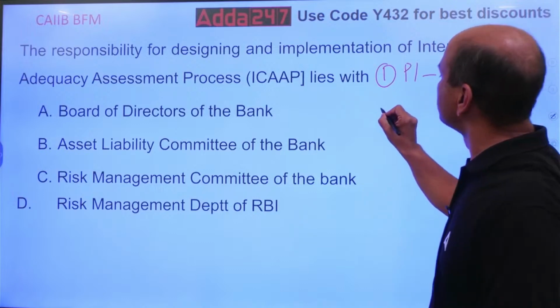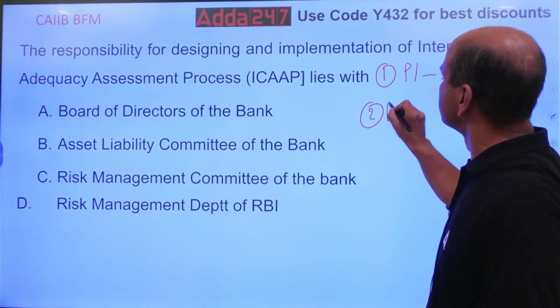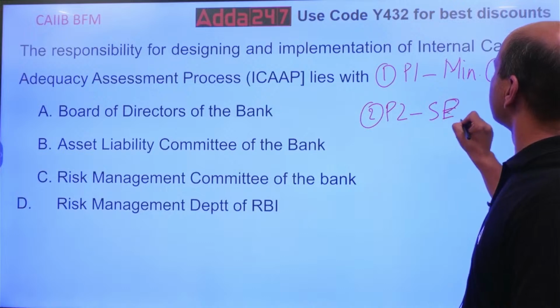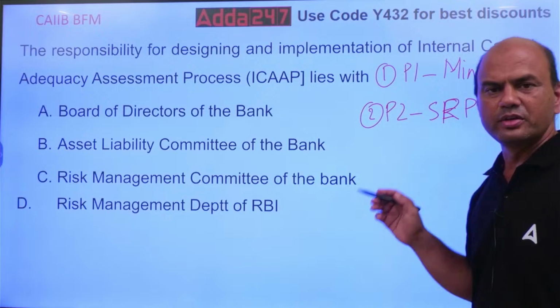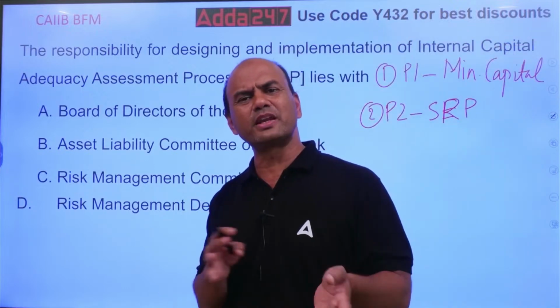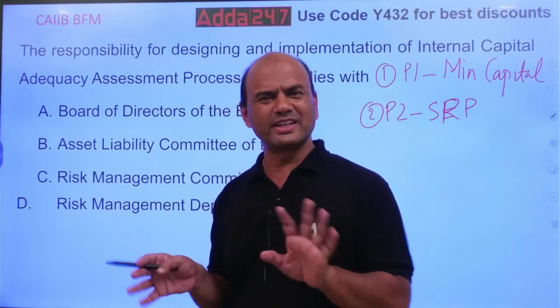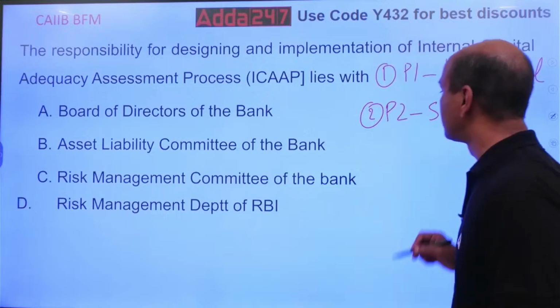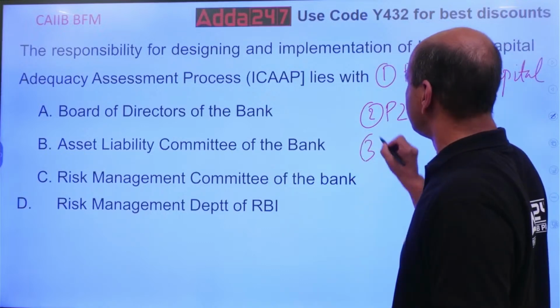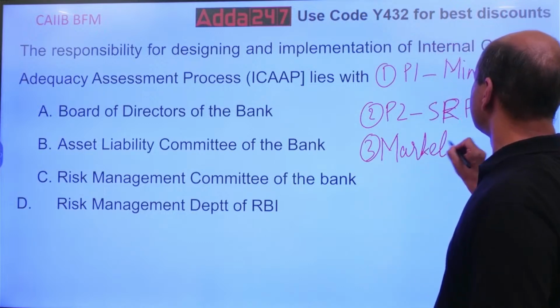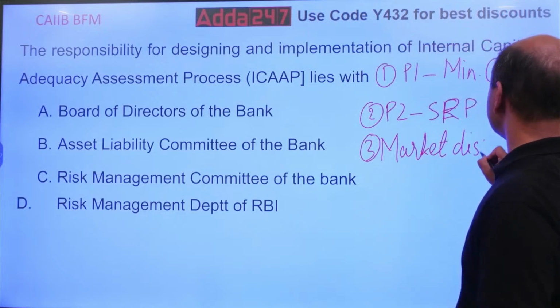What is Pillar 2? SREP, Supervisory Review and Evaluation Process, or some banks call it Supervisory Review Process. One and the same. Okay. Pillar 2. What is the third pillar? Market discipline.